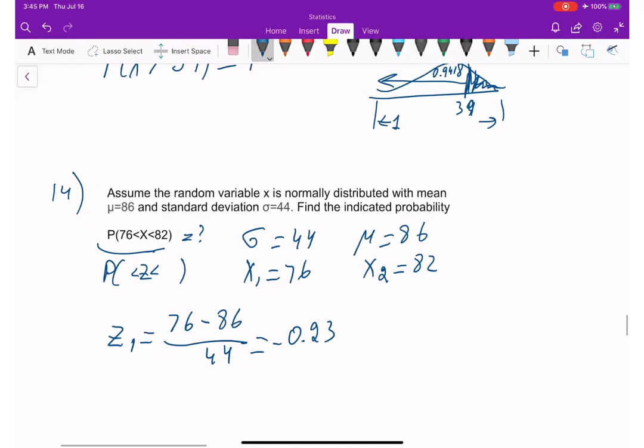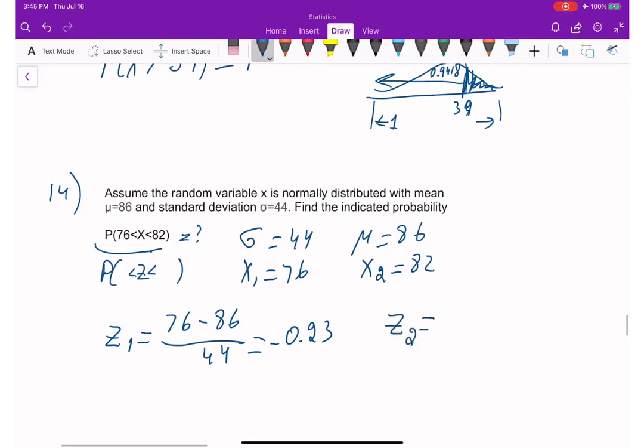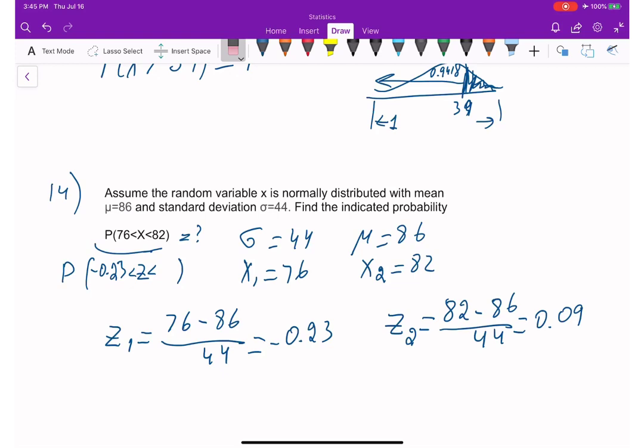Next, z2 is equal to x2, which is 82, minus mu, which is 86, divided by sigma, which is 44. And we get 0.09. So here we are getting negative 0.23, and here we get 0.09.